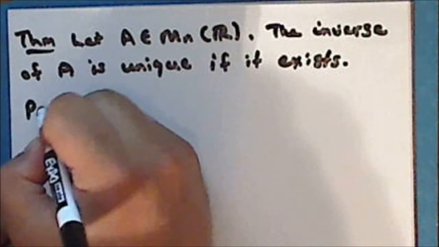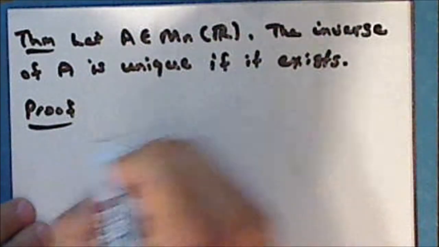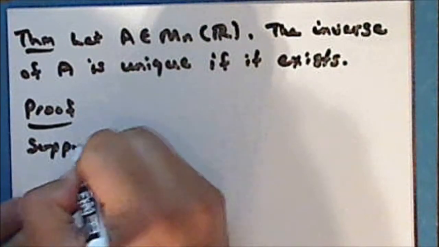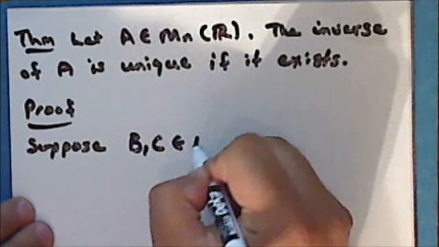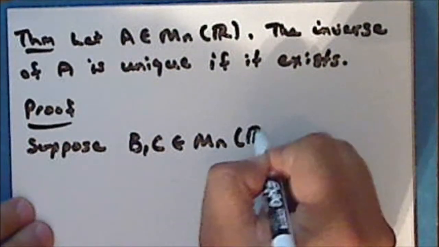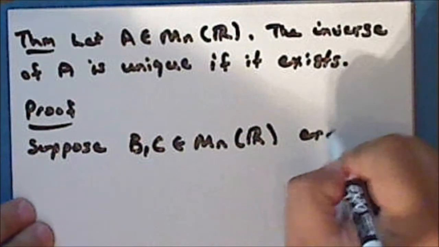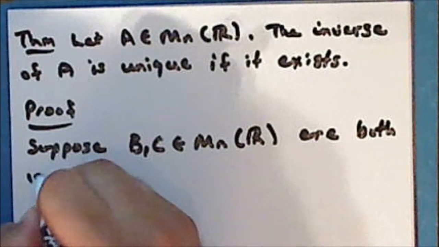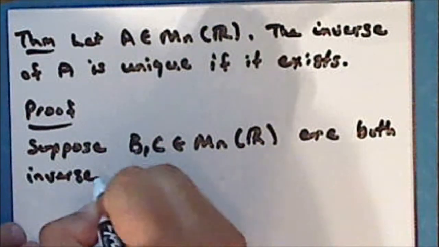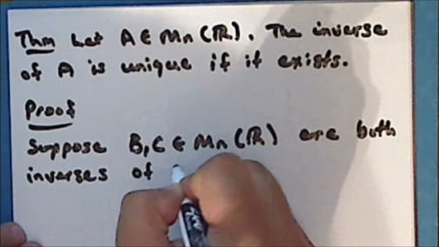So proof. Suppose that the square matrices B and C are both inverses of the matrix A.